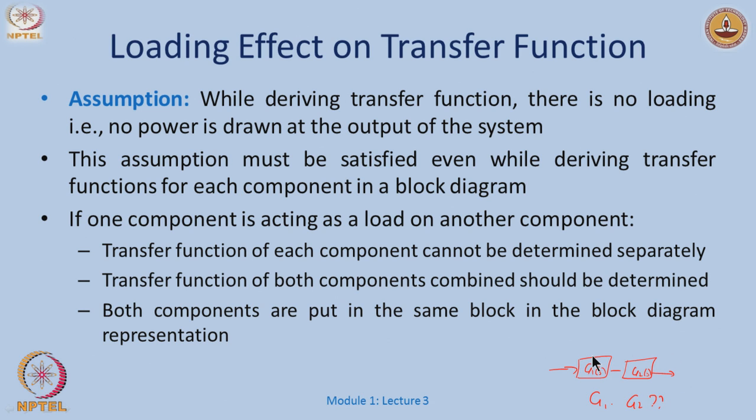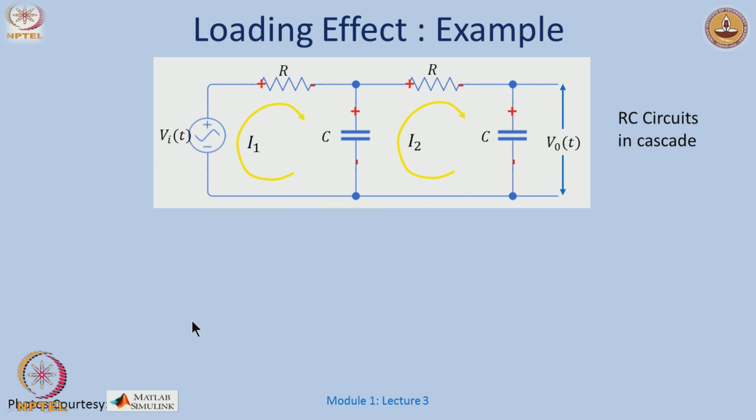If one component is acting as a load on the other component, the transfer function just cannot be determined individually. We should actually look at both components together, in combination.